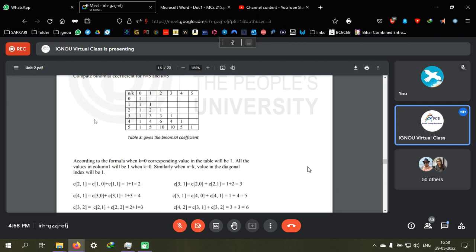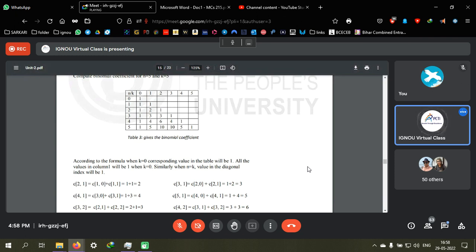So that's why we write all these values as 1. Also, whenever we are writing 2C0, 3C0, 4C0, in that case we always get 1. So we write 1 in this portion and 1 in this portion.